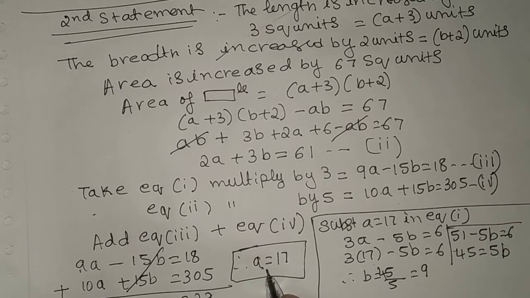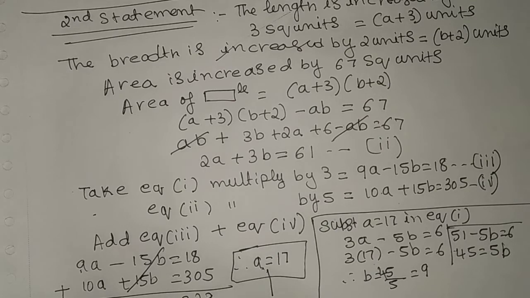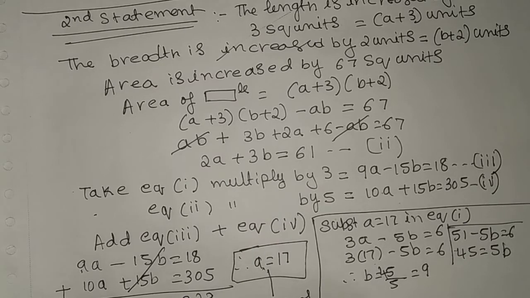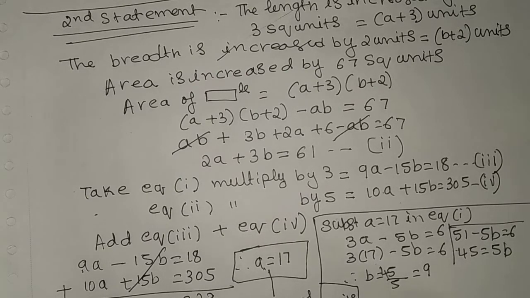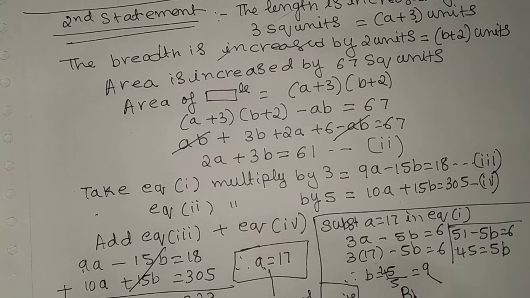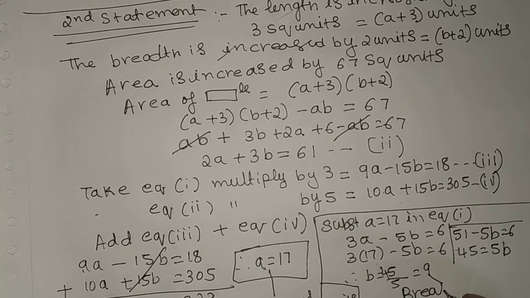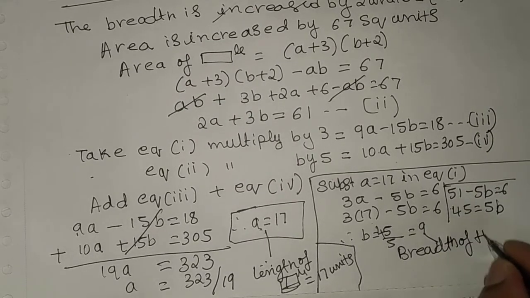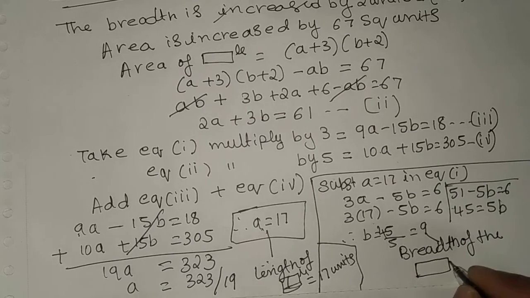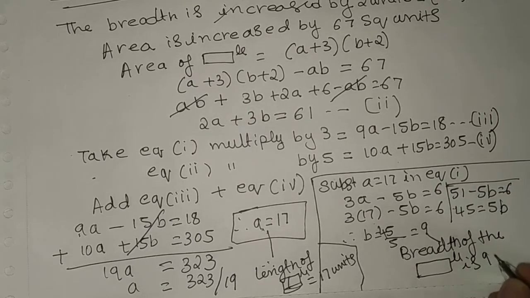So what happens, therefore A is the length of the rectangle, which is equal to 17 units, and B is the breadth of the rectangle, which is 9 units.